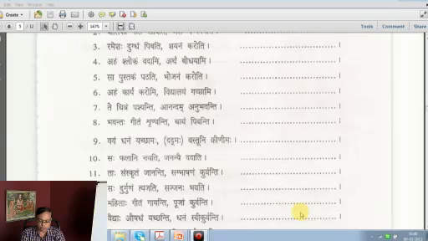Bhavantaha geetam shrutva chayam pibanti. You drink tea after listening to a song. Shrunvanti becomes shrutva, which is given in the previous page. I think it is there. Yes, it is very well given in the 279 page.